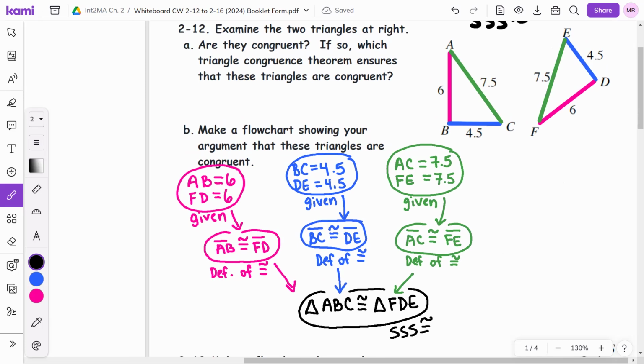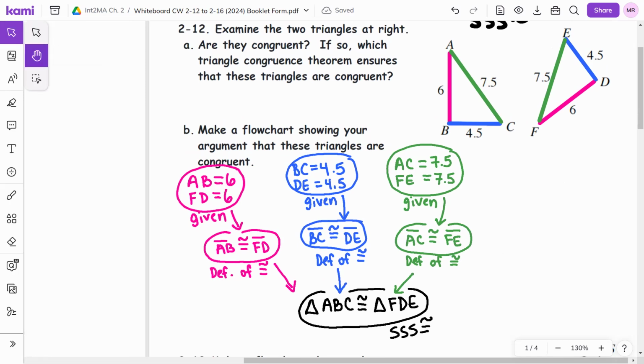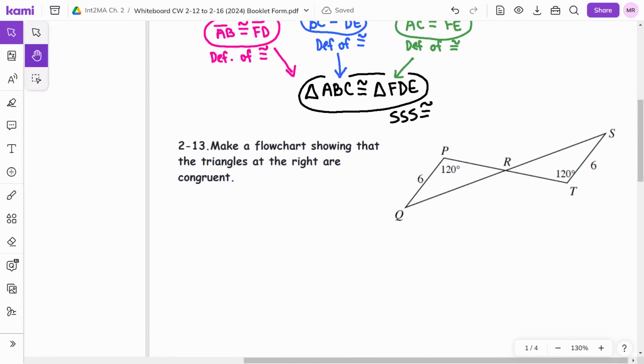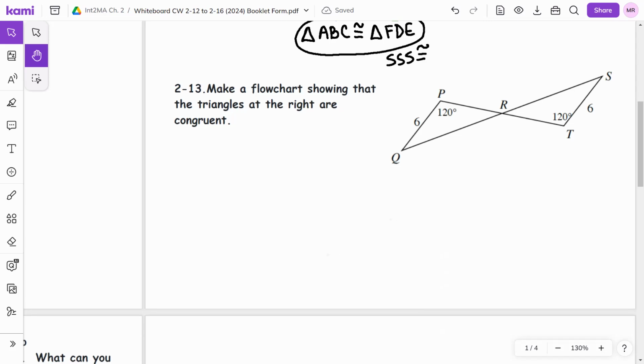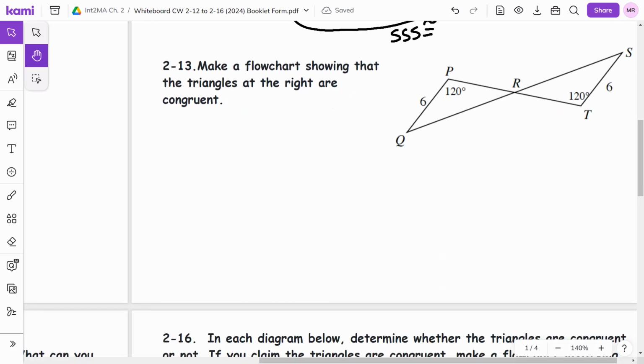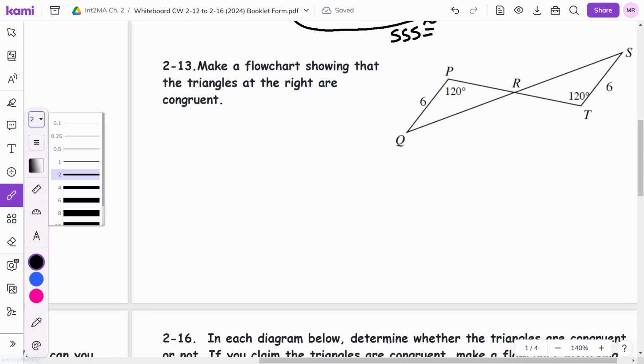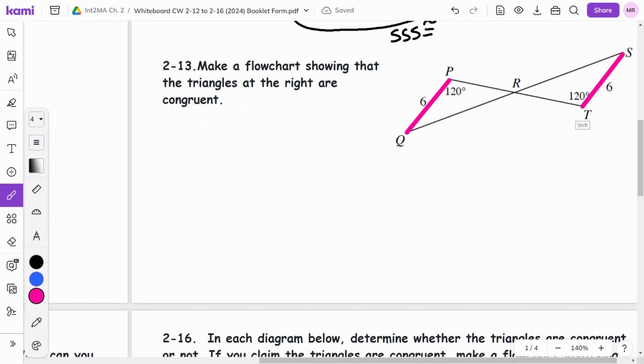So let's take a look at the next one. This one, 2-13. Let me just take a look at the picture here. So looking at the picture, I have this side QP that is 6. I have this side ST that is 6.